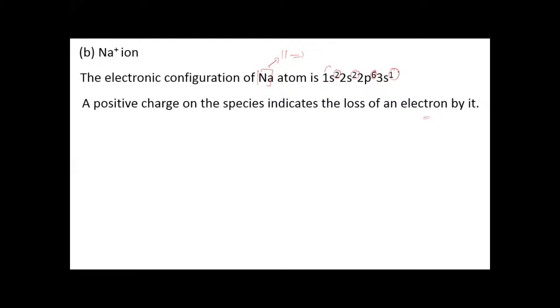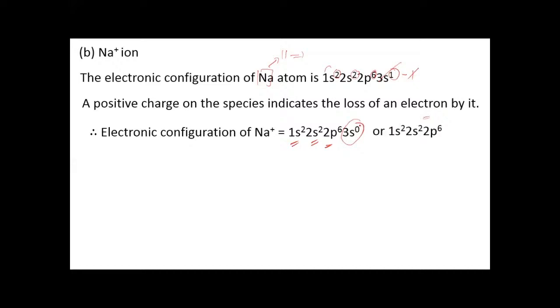Thus the electronic configuration of Na plus is 1s2, 2s2, 2p6 and 3s0, because we eject the electron from the 3s outer shell, or we can simply write 1s2, 2s2, 2p6.